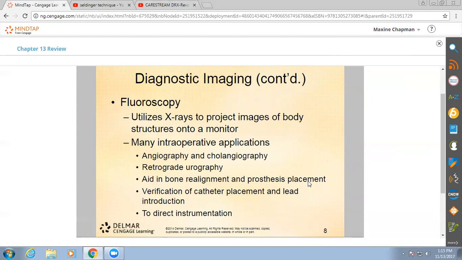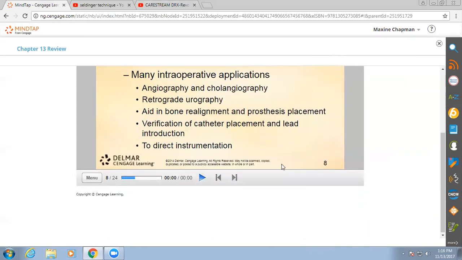There are many intraoperative applications, like angiography, cholangiography, and retrograde urography. It aids in bone realignment and prosthesis placement, and also verification of catheter placement and lead introduction to direct instrumentation.